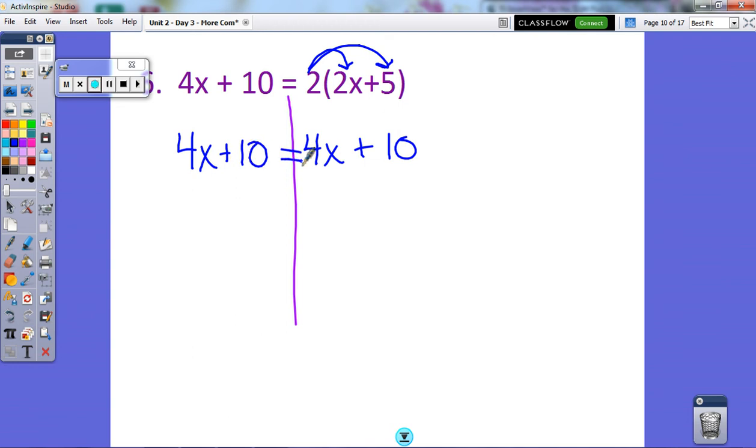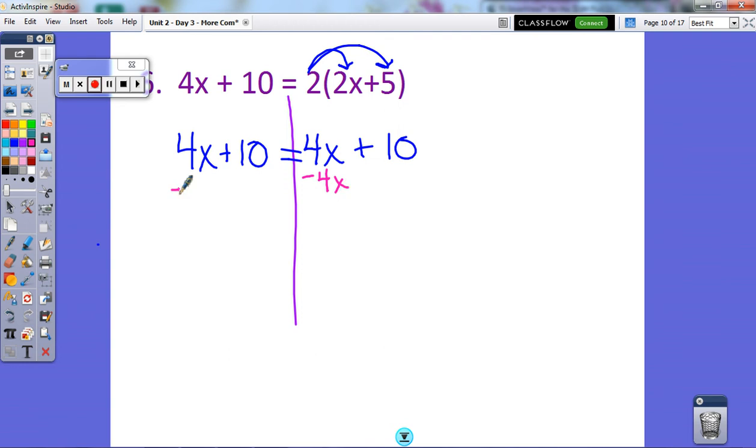Do you notice anything weird here? Guys, it says 4x plus 10 equals 4x plus 10. That's like saying 2 is equal to 2. It's kind of like one of those moments when you go, yeah, of course it does. Watch what's going to happen. If I go to move all my variables to one side, let's say I want to get rid of this 4x, so I'm going to minus it.